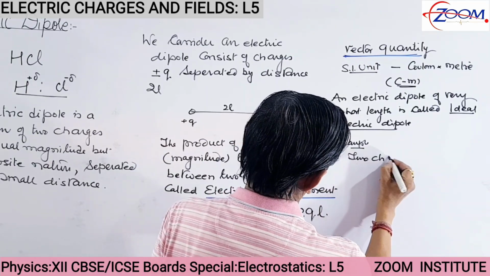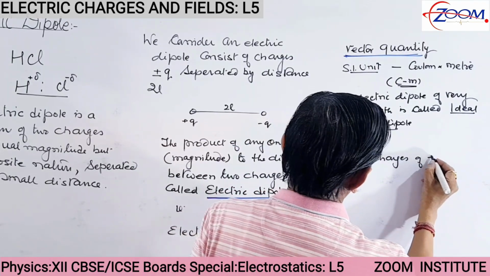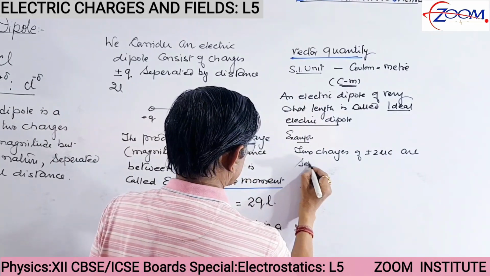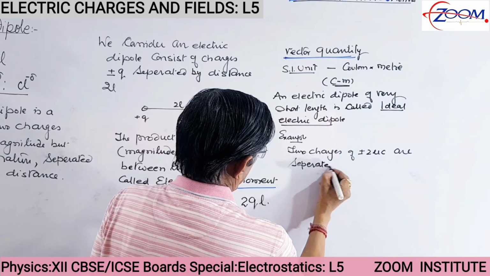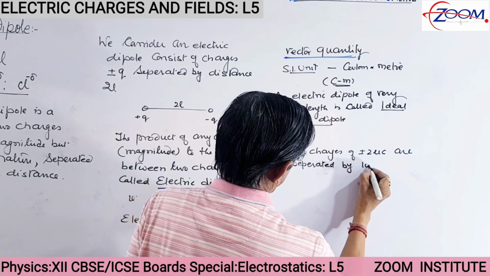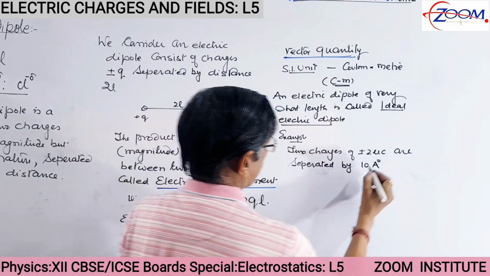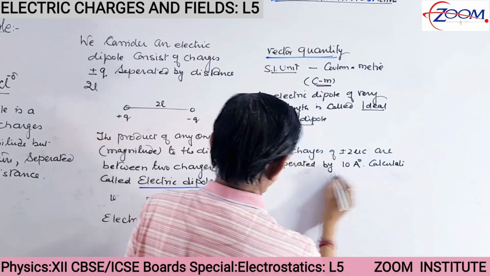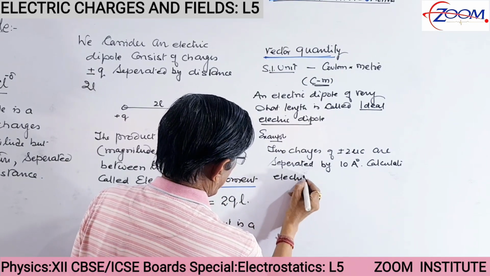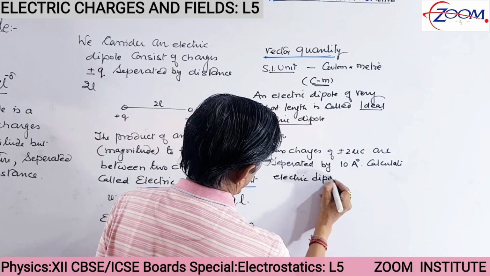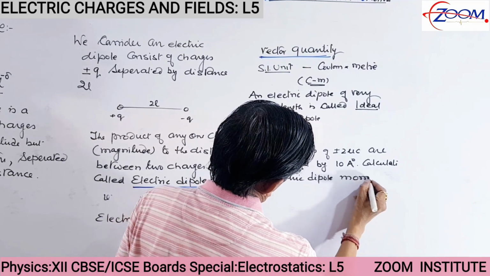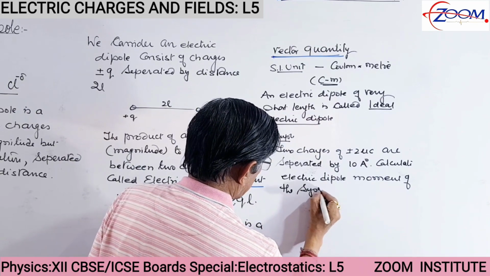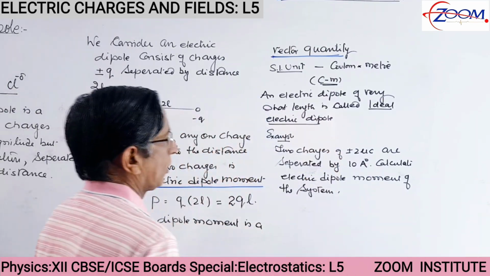Two charges of plus minus 2 microcoulomb are separated by 10 angstrom. Calculate the electric dipole moment of the system.